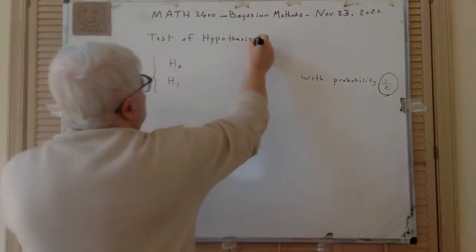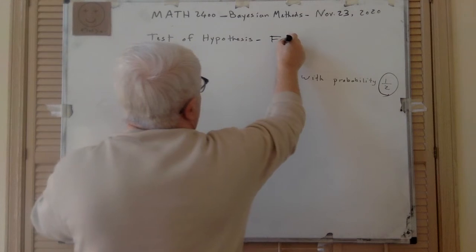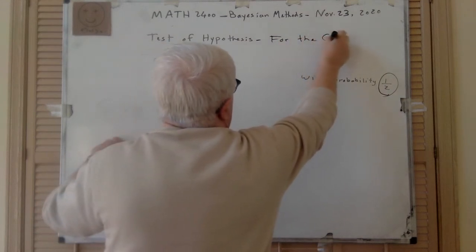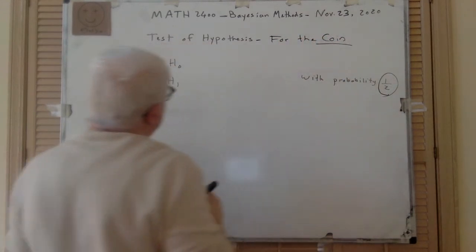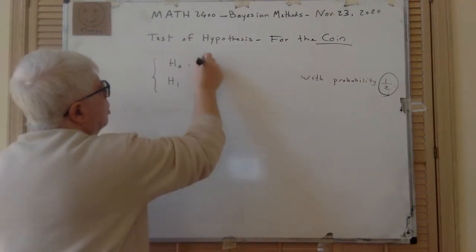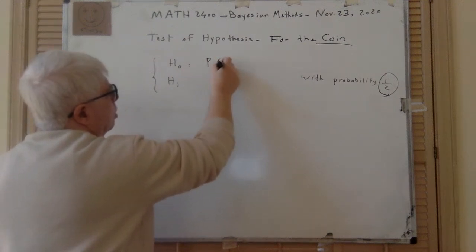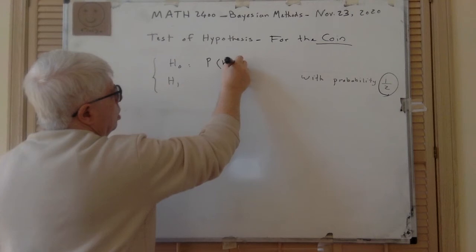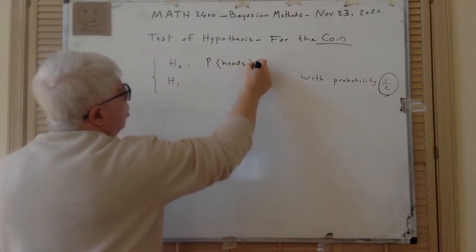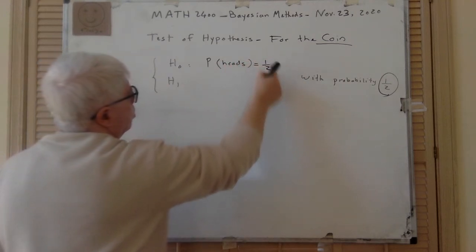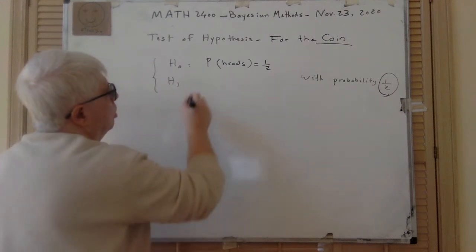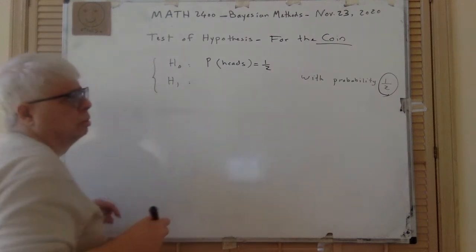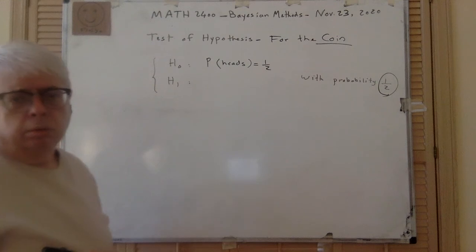So, test of hypothesis for the coin. You can say that P of heads, let me write heads, not H, is 1/2. What is the other one?